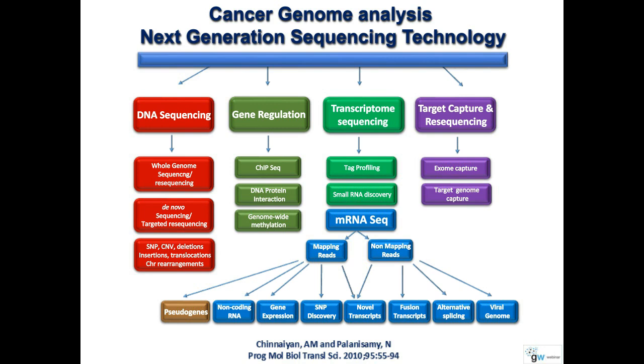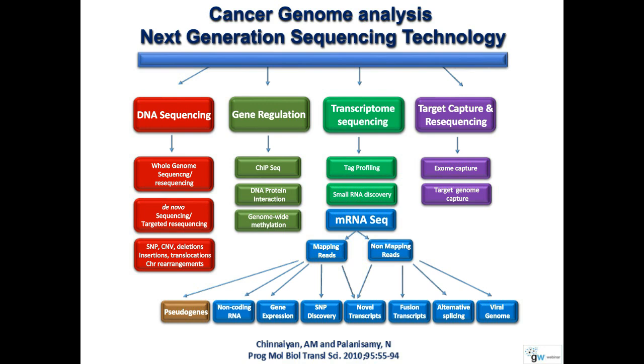Since next-generation sequencing is heavily unbiased, unlike gene expression microarray, we will be able to identify several non-coding RNAs, differential gene expression, or mutation discovery. We can identify novel transcripts that are not annotated in any genome database, and discover novel gene fusions, alternate splice variants, and sometimes you can look for some viral genome as well.